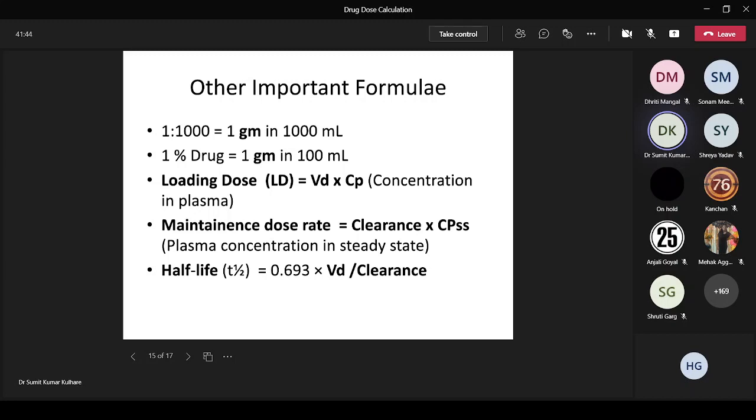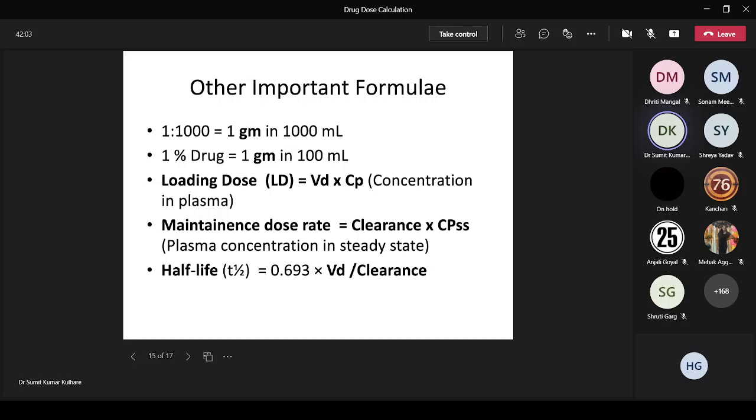Usually these questions are not asked in the drug dose calculations, but in the spotting and all, we may give you questions related to loading dose, maintenance dose or half-life. So these formulas are also important. Note them down.